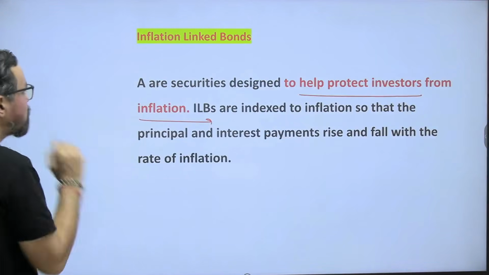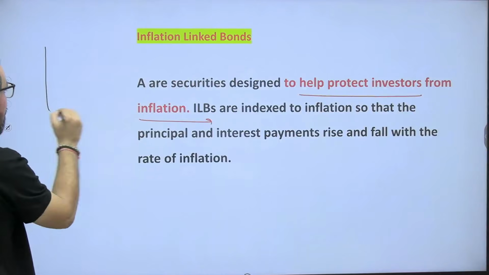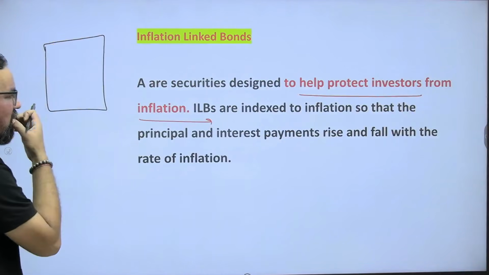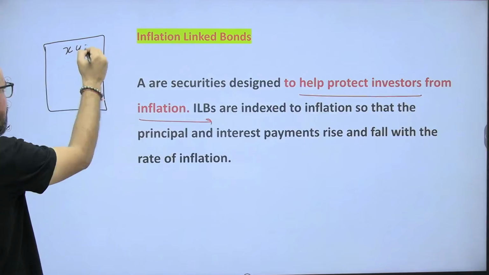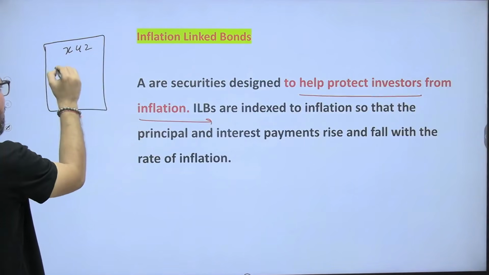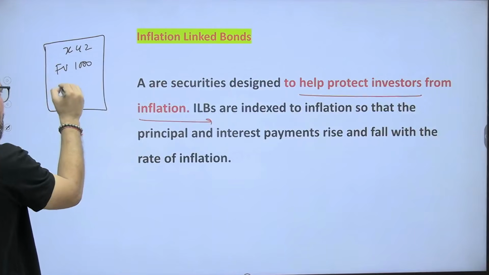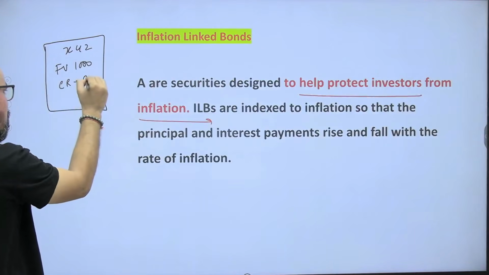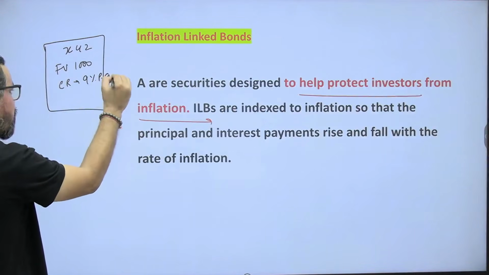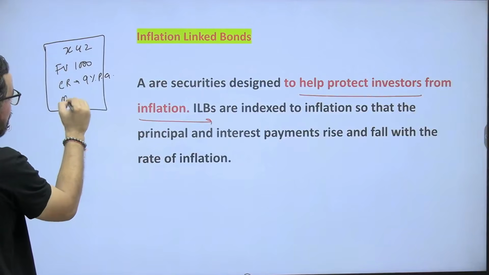Suppose there is a company XYZ, they come up with a bond whose face value is 1000 and the coupon rate on this bond is 9% per annum, and the bond is issued for 10 years.